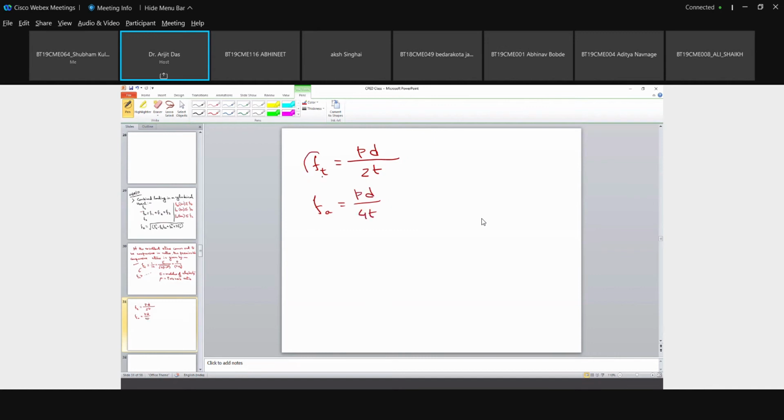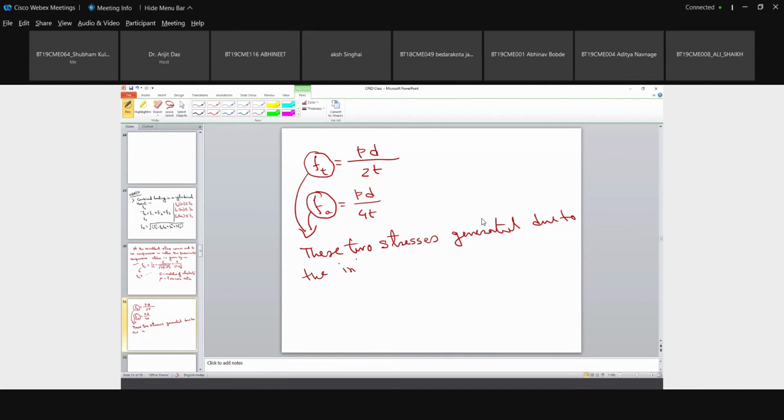So these two stresses are generated due to the internal pressure of the vessel.